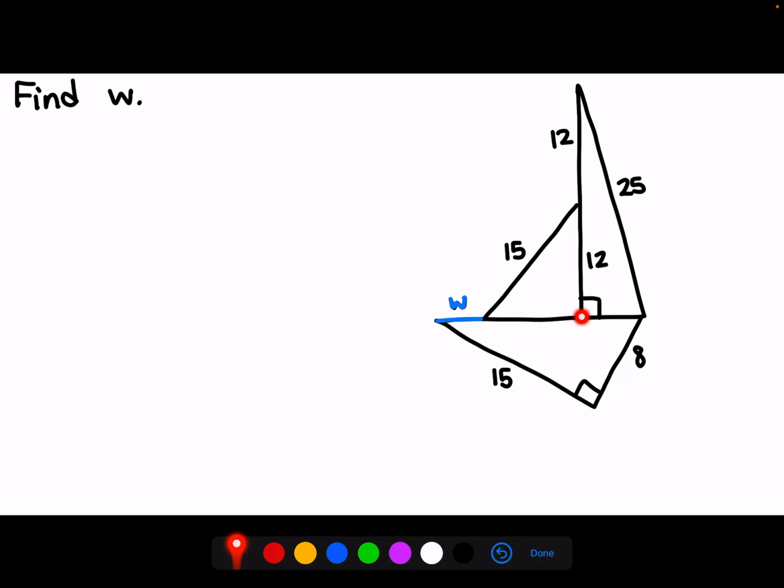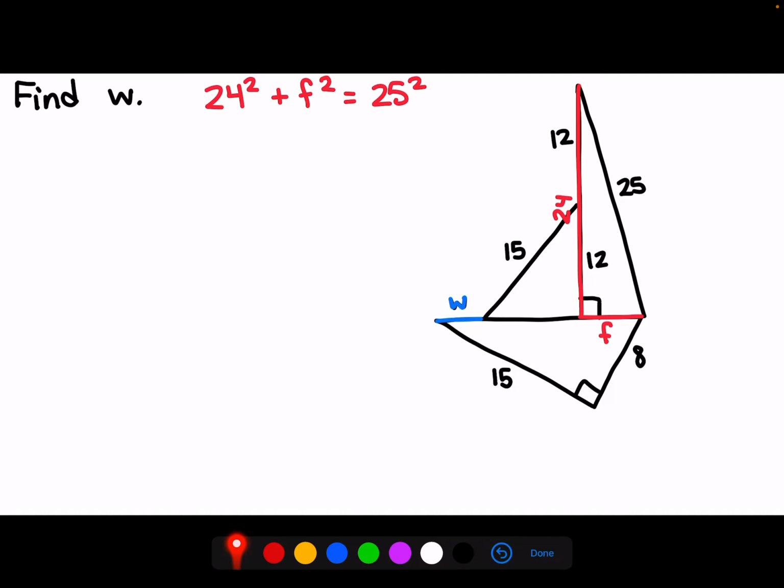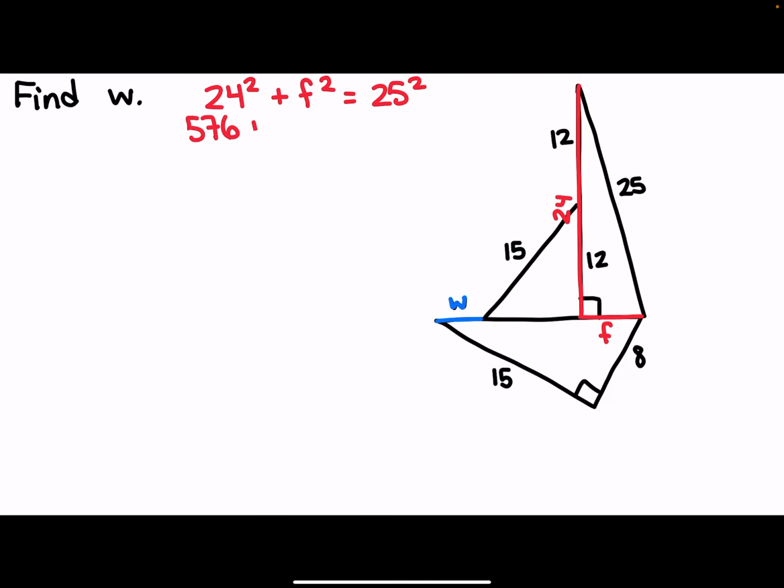Looking at this, I have a side length of 24, right? 12 plus 12 will give me 24. I have a hypotenuse of 25. So using Pythagorean's theorem, I have 24 squared plus f squared equals 25 squared. Again, I'm just calling this bottom leg f. 24 squared is 576. 25 squared is 625.